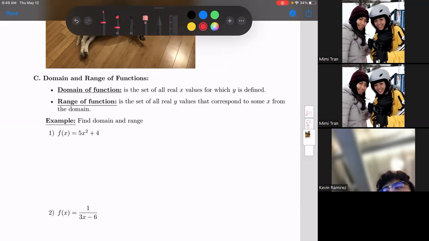That's not new. It's similar to a relation, but because it's a function, a function has to be defined. So you're only allowed to pick x values that make the function defined, which I'm going to explain to you. Certain functions have certain values that make them undefined. The range of the function is the set of all real y values.